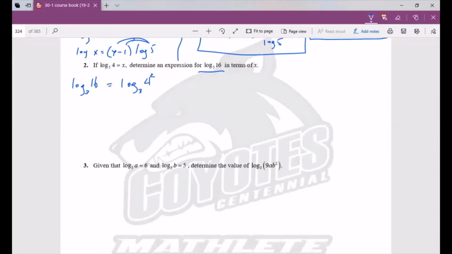And we know that 16 is 4 squared. So we're replacing 16 with 4 squared. This is equal to the logarithm of 4 squared base 3. We also now know that that's the same as 2 log 4 base 3. But that's our definition of x, log 4 base 3. So this is equal to 2x. We have expressed this thing in terms of x.